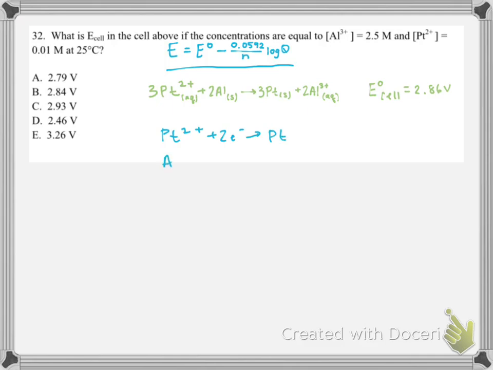We have aluminum giving off 3 electrons to form Al3+. So to balance the electrons for this half reaction, we have to multiply the top one by 3 and the bottom one by 2. And so our total number of electrons transferred is going to end up being 6. Okay, and that's one of the reasons why it's so important to write the half reactions out.